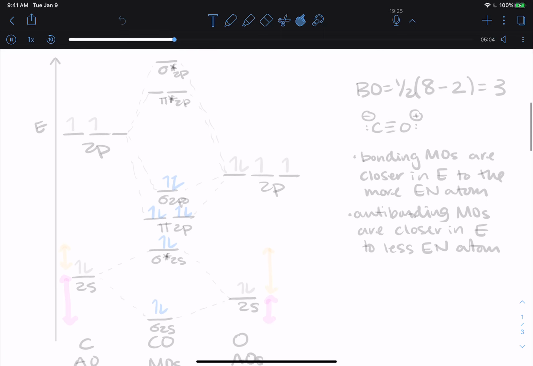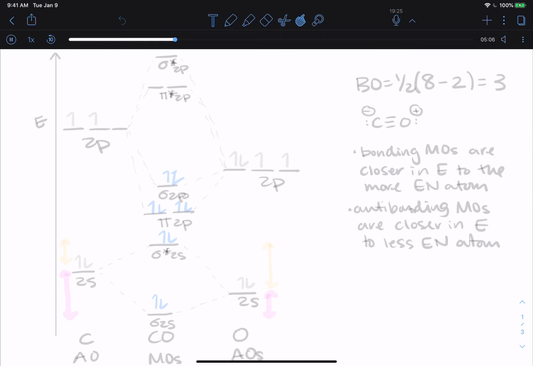So you would need to know that C2 is second order, and then appropriately draw a second order MO correlation diagram, but with some differences due to the different atoms. My three columns will be my carbon atomic orbitals, my carbon monoxide molecular orbitals, and my oxygen atomic orbitals.